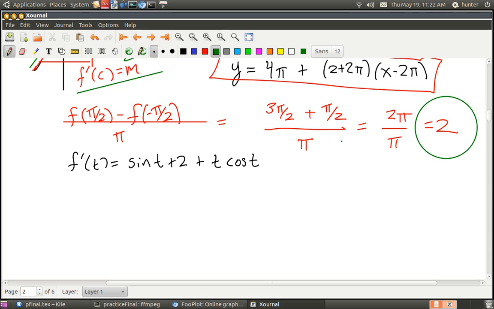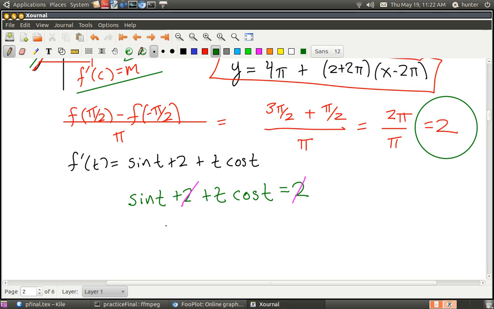So what I want to solve is the equation sine t plus 2 plus t cosine t equals 2. One thing I can do is obliterate these 2's. They cancel each other.